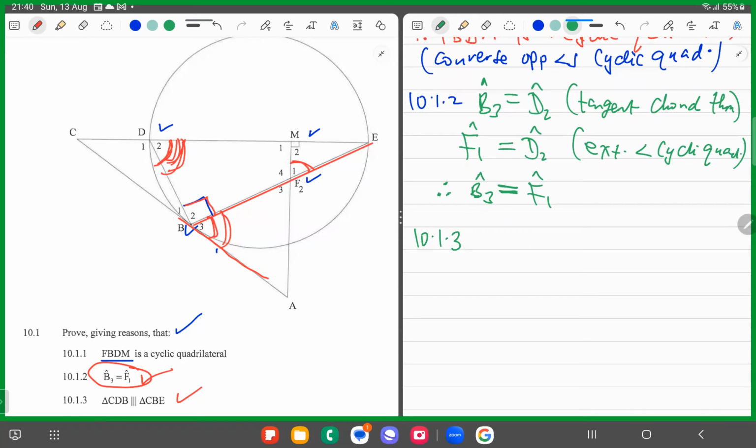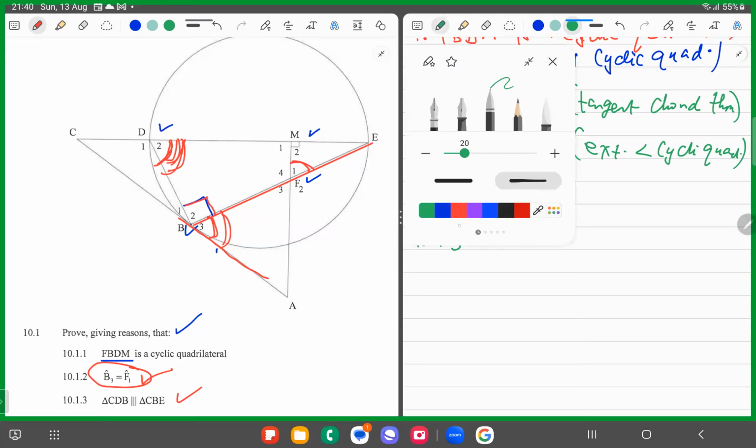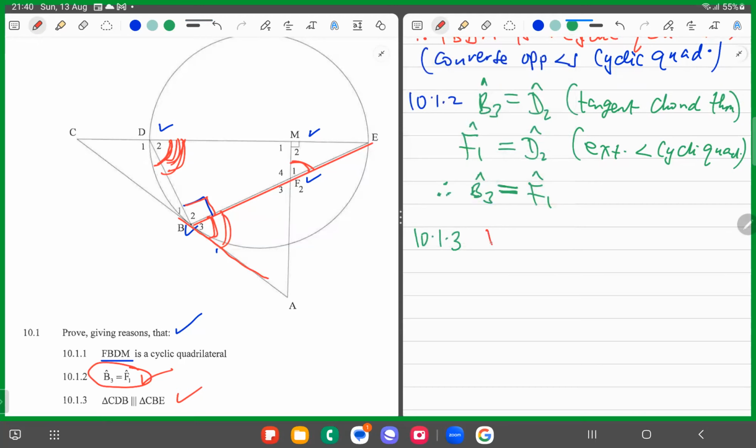Okay, so we're going to work in the following triangles: triangle CDB and triangle CBE. So let's just work in these triangles.